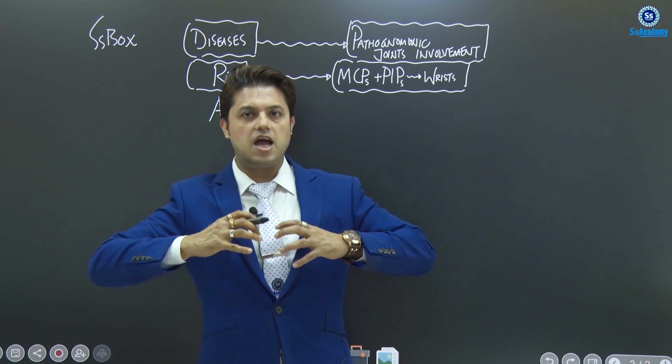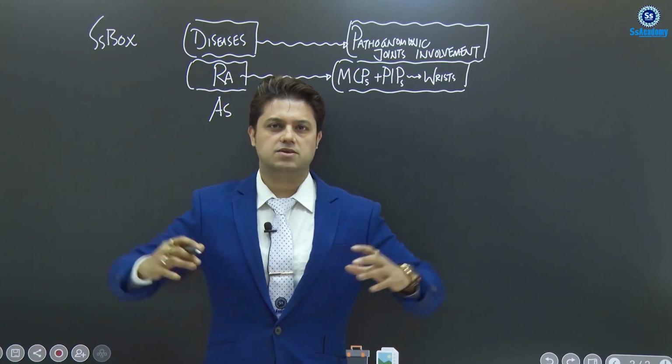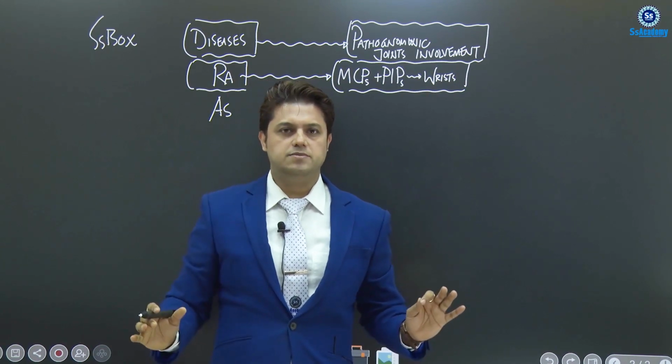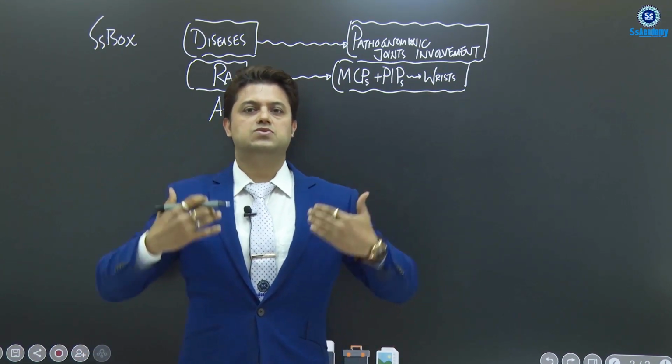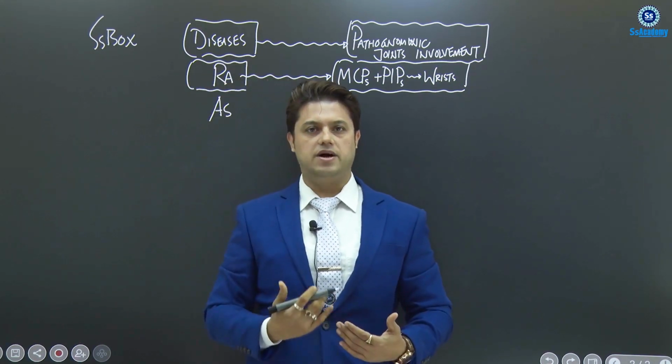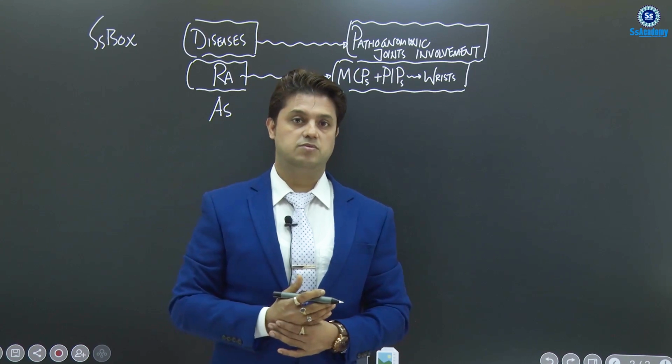Rheumatoid arthritis is especially an appendicular joint involvement. Appendicular means the two upper limbs and the two lower limbs, the appendages of our body. In contrast, we have the trunk, with the axial joints. So A for ankylosing spondylitis, A for axial joint involvement, my dear.